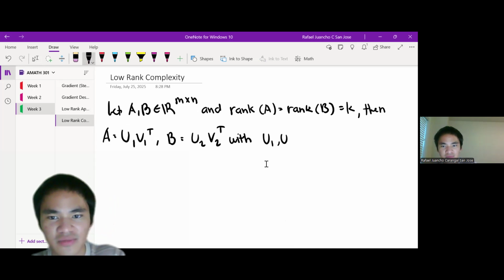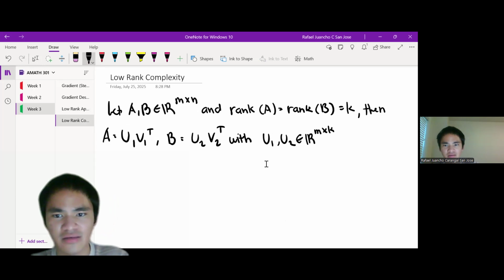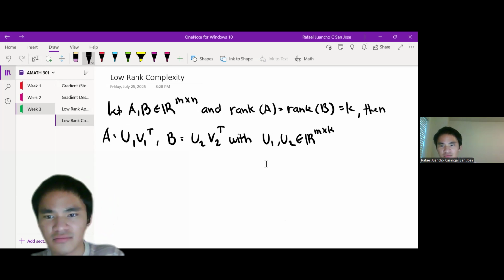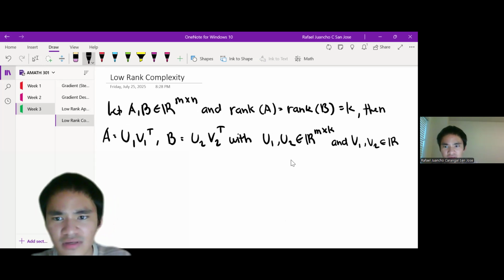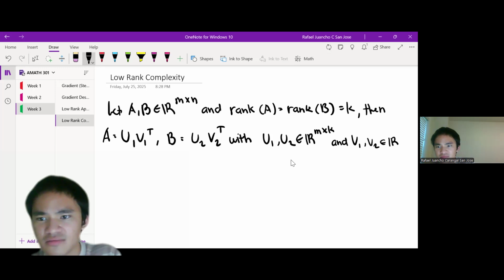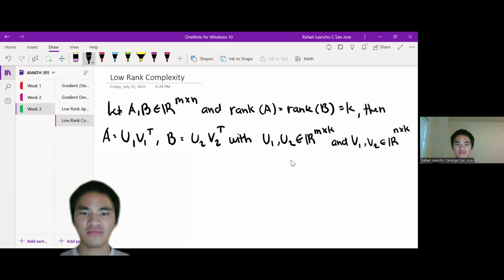So my U1 and my U2 are going to be M by K, while my V1 as well as V2, well, they're going to be N by K, right?